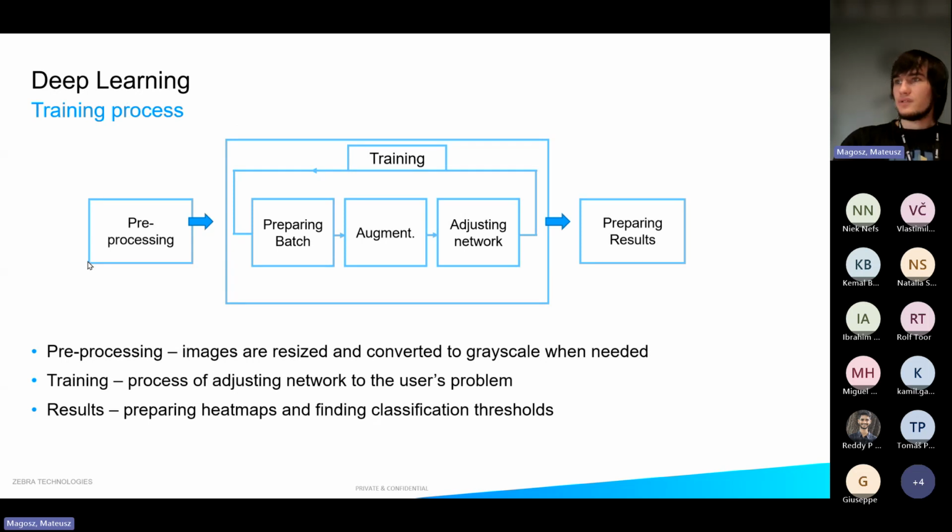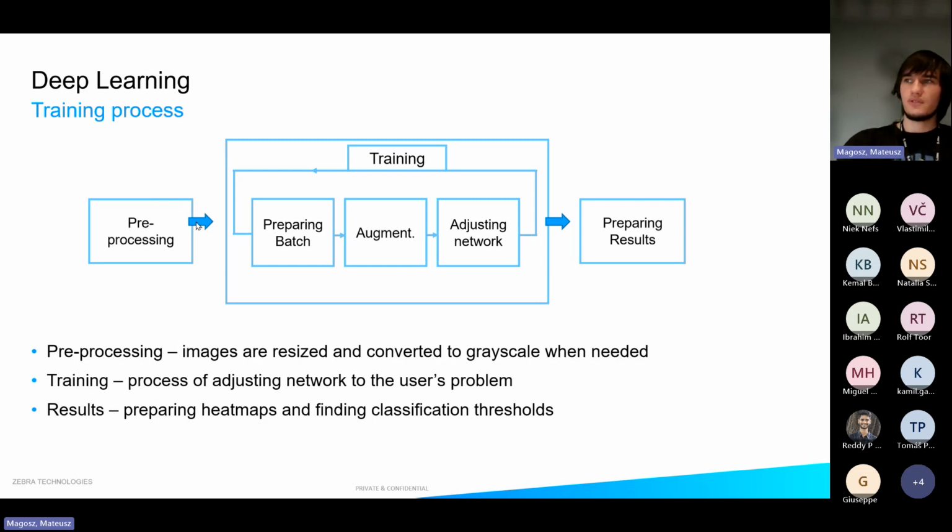And that's how the training process looks like. So first of all, you have pre-processing, so parameters like the network type, the feature size, downsizing, going to monochromatic.